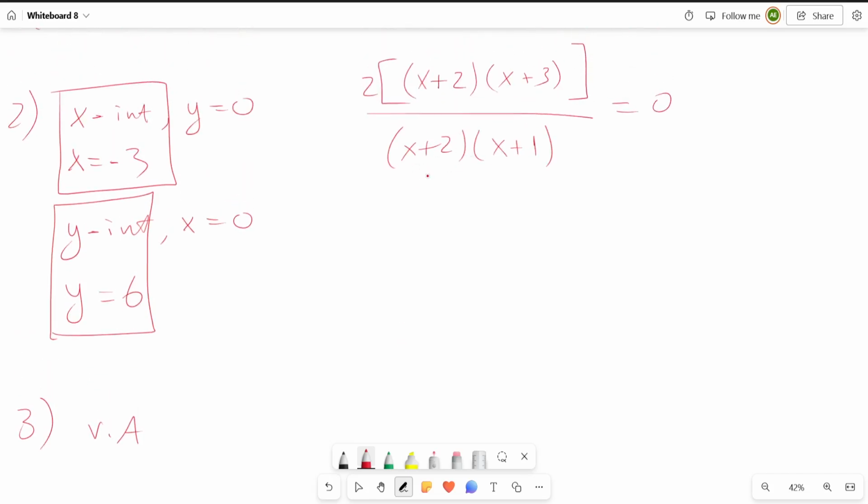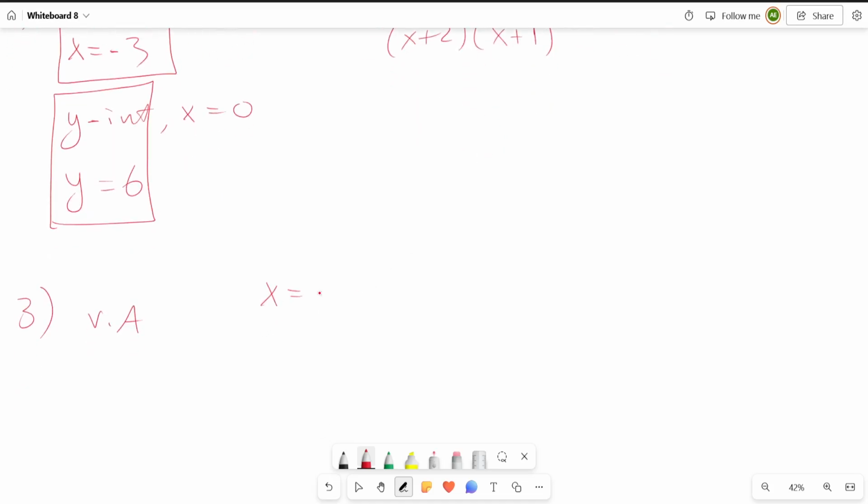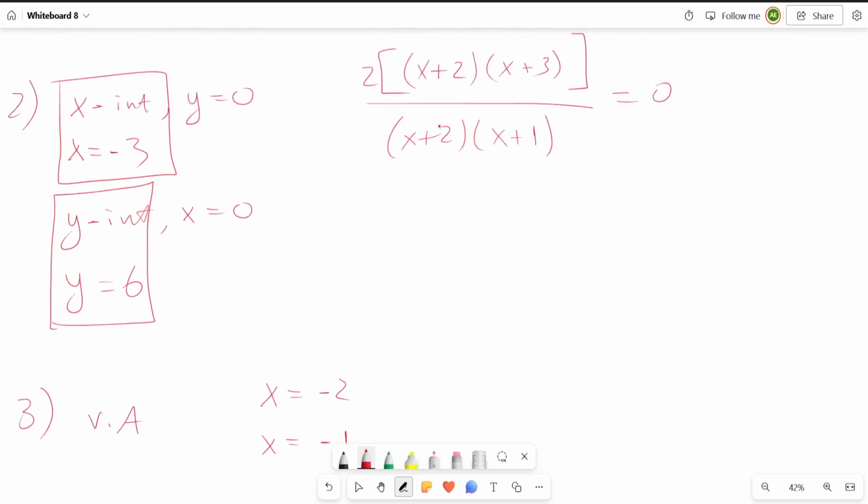What two values will make the denominator 0? We already figured them out: x equals minus 2 and x equals minus 1 over here. But I can see that for this discontinuity, when x is minus 2, this factor can be cancelled, or it's a common factor between the numerator and the denominator. And from the previous video, which I'm going to leave a link to at the top right hand corner, this basically means that x equals minus 2 is no longer going to be a vertical asymptote.